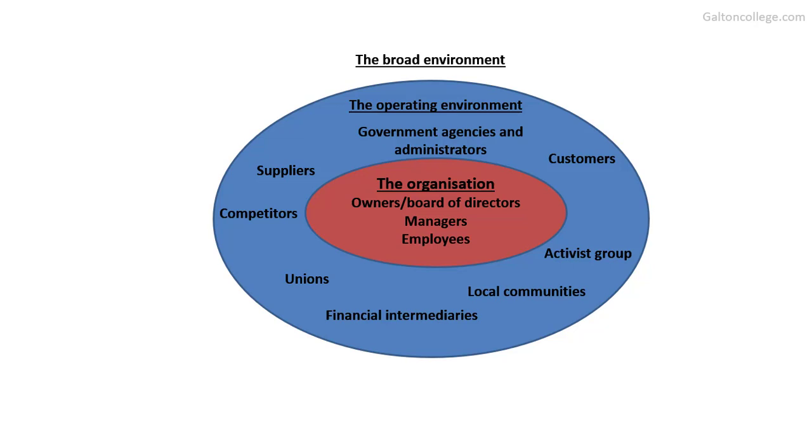And that is the broad environment. If you go around it, we can cluster these and say there's a socio-cultural environment, the suppliers, the government, and so on. These are clustered there. There's global forces as well.